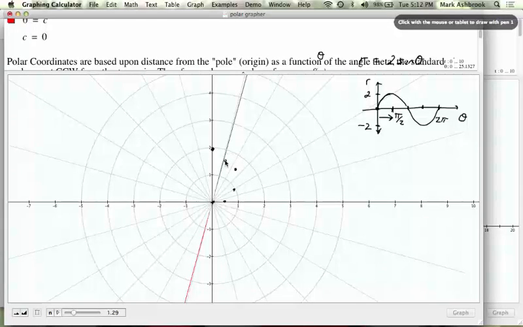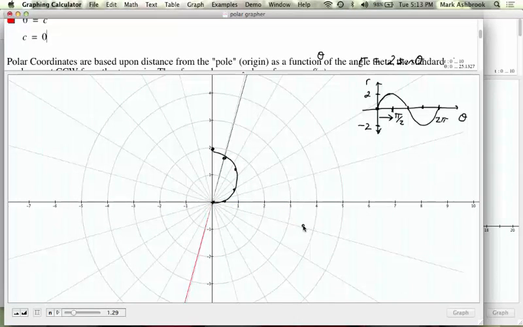Not quite 2 yet. Do you see what happens there? As theta increased from 0 to pi over 2, we got farther and farther away from the pole. Did you catch it? I was doing good at the beginning and then it got a little rocky there at the end.